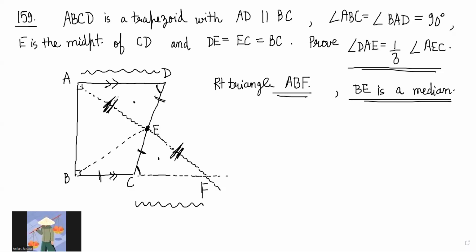So BE is equal to EF. So we know that BE is equal to EF is equal to AE. So now automatically you get that this triangle ABE is also isosceles now, correct? Which means this angle is equal to this angle, right? Our target angle is DAE and AEC, right?